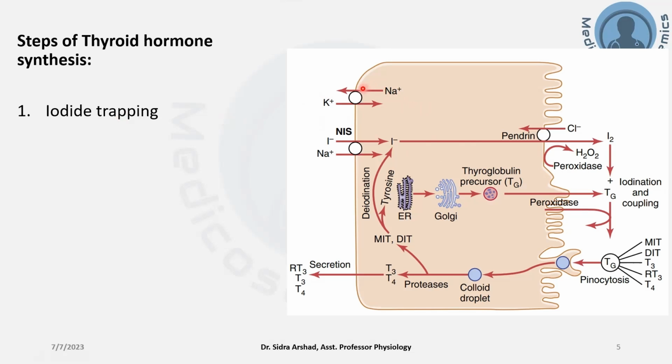If you see right over here on the basal side, which is in association with the blood vessels, there is a transporter which is going to help us in trapping the iodide. You can see the sodium potassium pump, and very next to the sodium potassium pump, there is the iodide trapping mechanism.